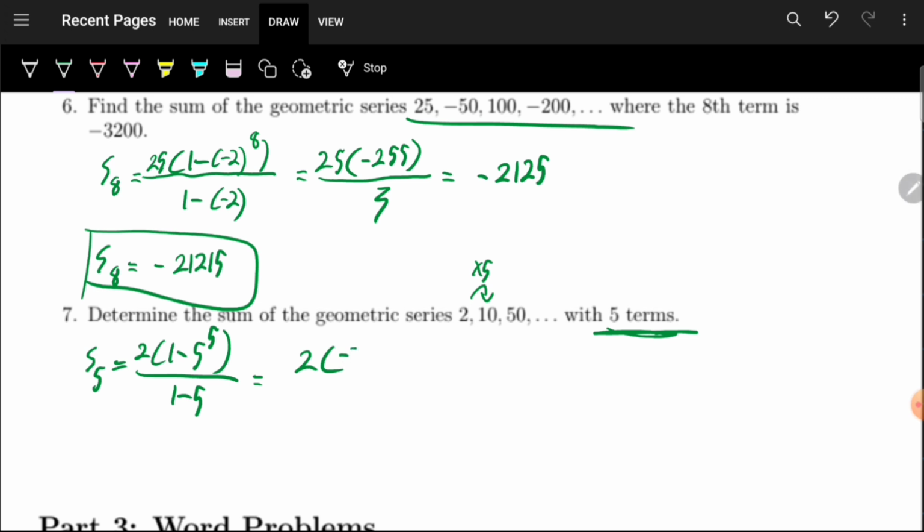So this is negative 3,124 all over, down here, negative 4. So the negatives cancel out, and divided by 4, we're going to get 1,562. So S5 is equal to 1,562.